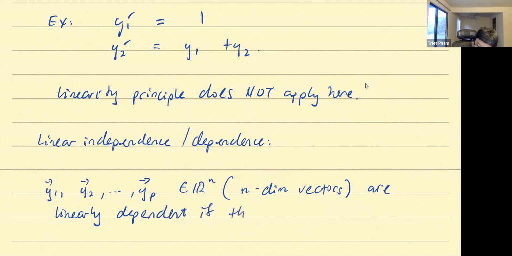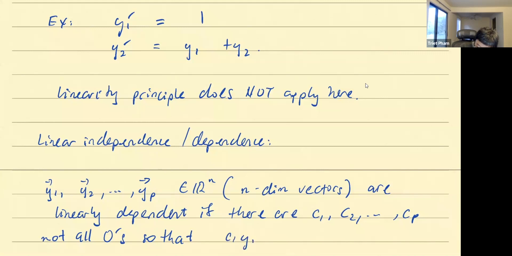If there are C1, C2, up to Cp, not all zeros, so that C1y1 plus C2y2 plus up to CpYp, where p does not have to be equal to n, is equal to 0.